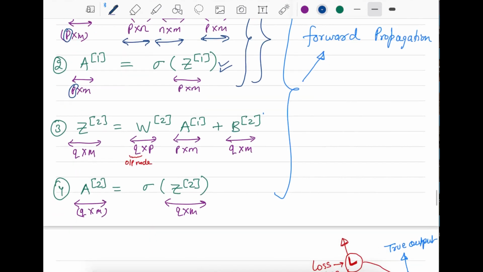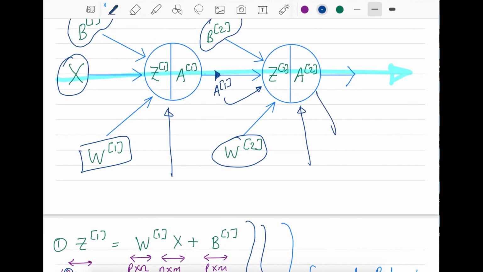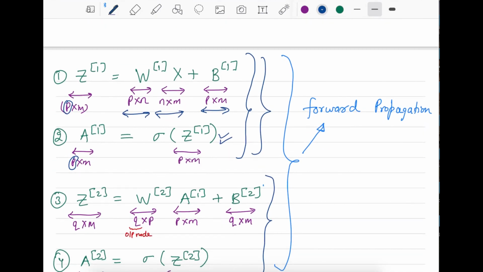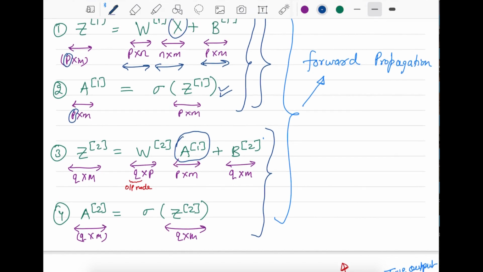Now the important thing is, you can write the same equation for the second node, which is given over here. But now the input is A1. So instead of X, you write A1 here. And again, the same thing follows as earlier.